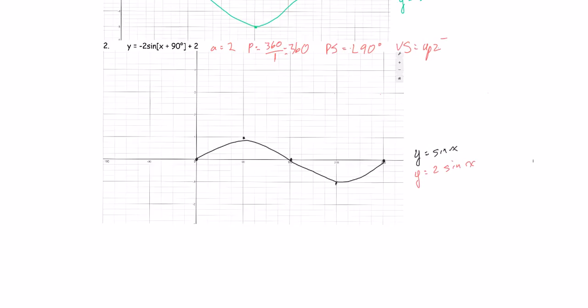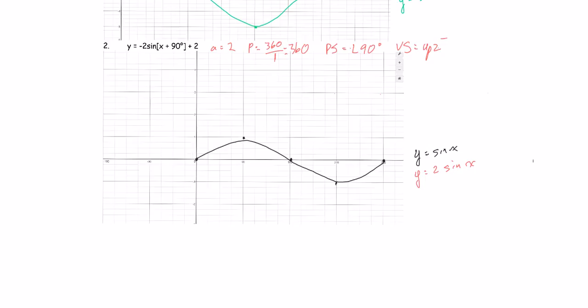Now the 2 sine of x is going to take our points that we have here, here, here, and here, and it's going to stretch our graph vertically. So instead of 0, we still have 0 for our first point on our graph.